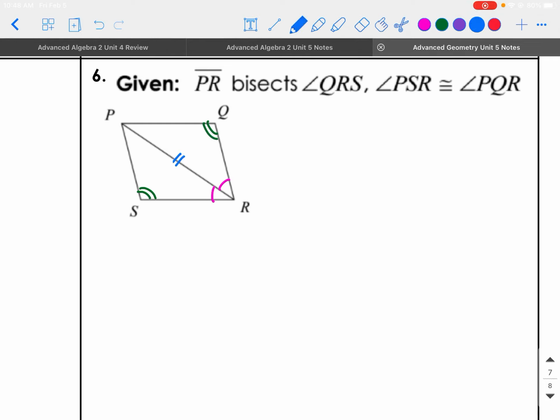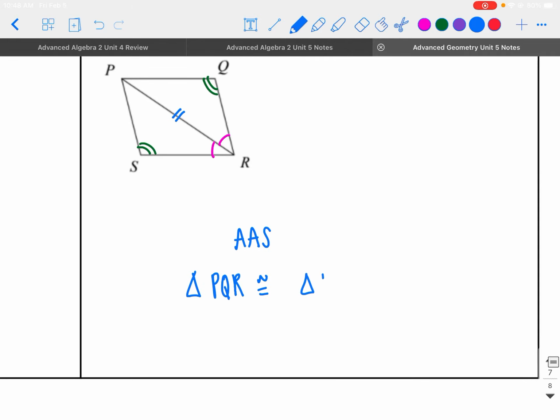So this time I have two angles, but the side is not running between the angles. It's a non-included side. So it would be AAS. And triangle PQR is congruent to triangle. I went blank, green, pink. So blank, green, pink would be triangle PSR.